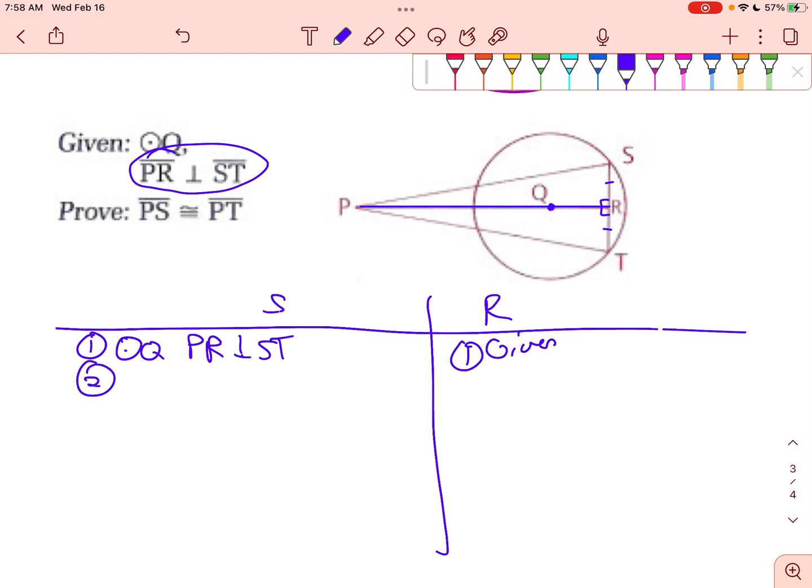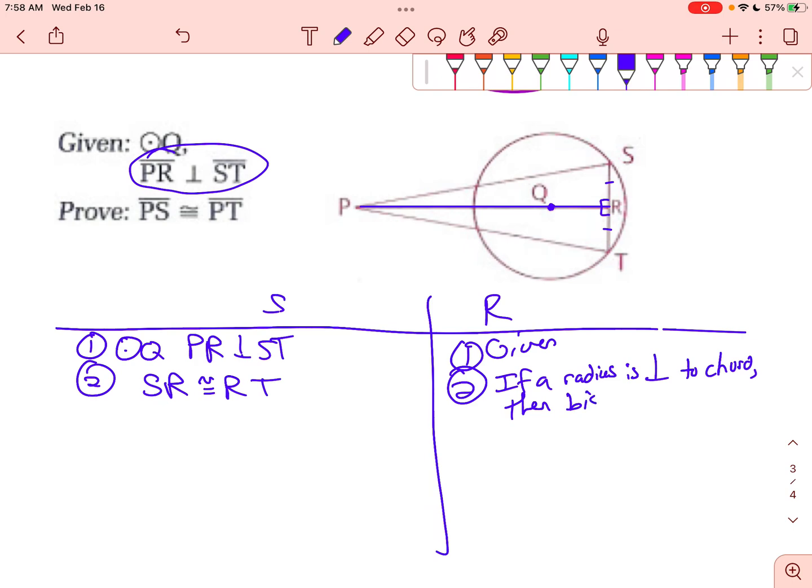Our next step is that SR is congruent to RT. The reason is that if a radius is perpendicular to a chord, then it bisects the chord.